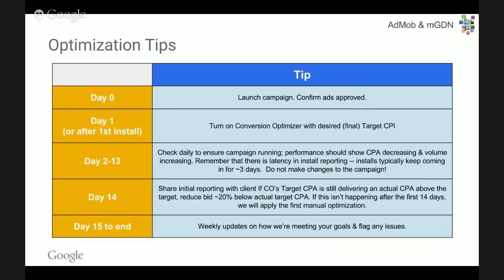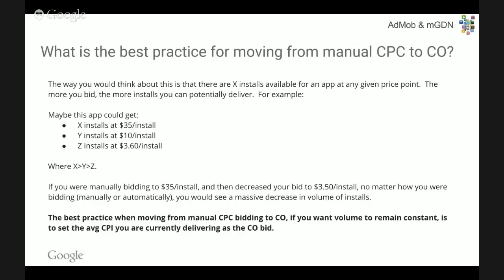And day 14, check how the target CPA is. If it's the second week, I put day number 15, to be honest with you, I will wait at least 21 days. And if the campaign is not performing as you want, I encourage to do the manual optimization, okay? And how to do it? Now we'll see the next slides.